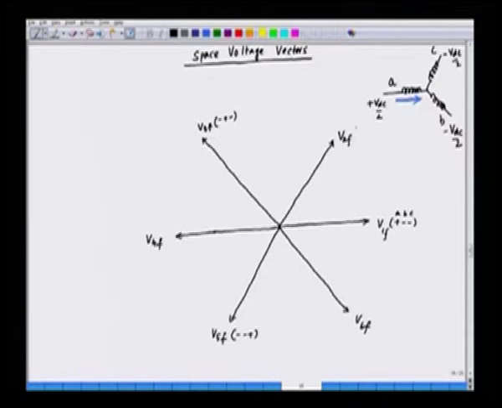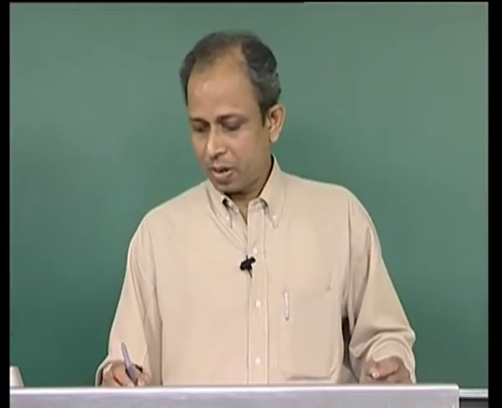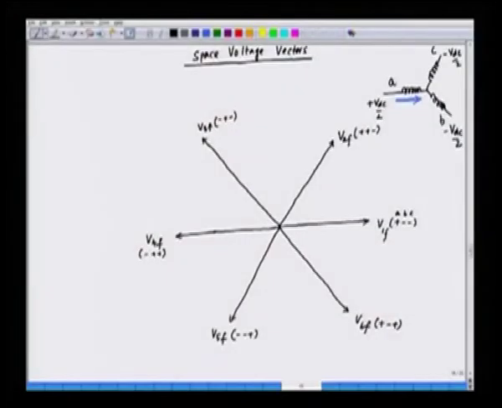So, V2f would be plus plus minus, V4f would be minus plus plus, V6f would be plus minus plus. Basically, the vectors which are diagonally opposite are opposite to each other. So, for example, V1f and V4f are opposite vectors. So, if V1f is plus minus minus, V4f is minus plus plus.